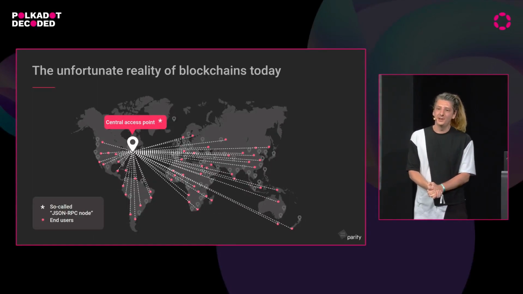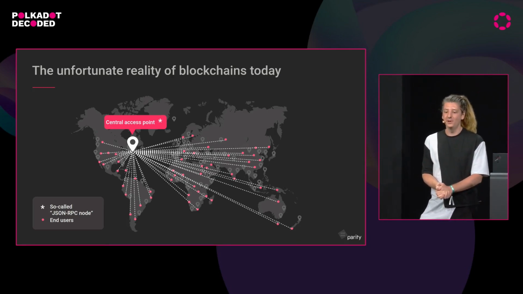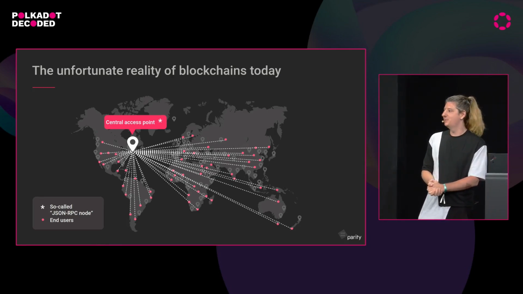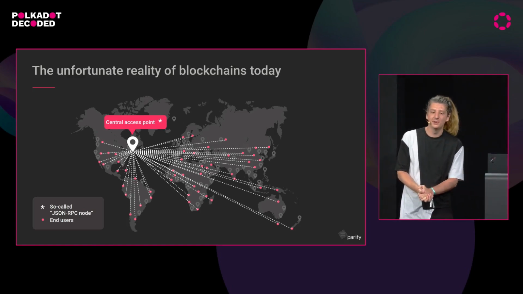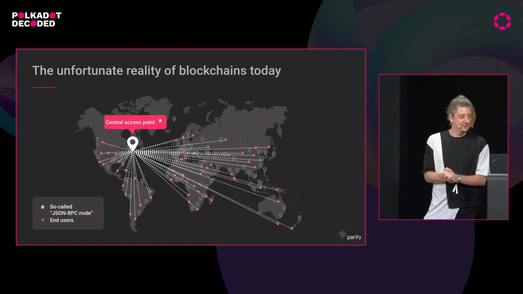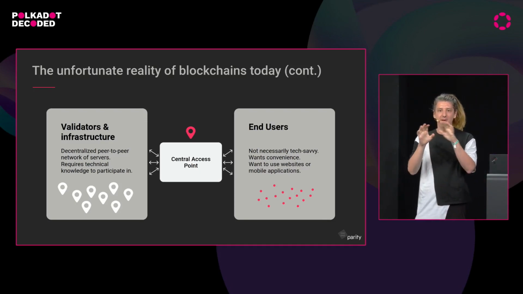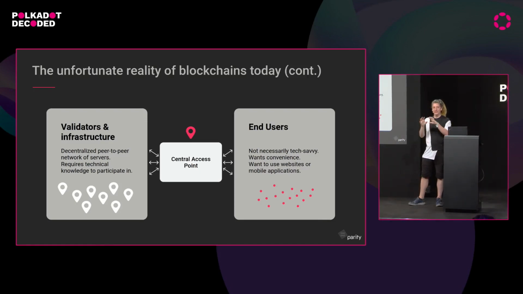However, this is not how it works today, unfortunately. In practice, all the end users are in reality connected to a central access point that we call a JSON RPC node. And this is not great. This slide is the same as the previous one, but shown a bit differently. You have a blockchain network that is, in reality, really split in two.